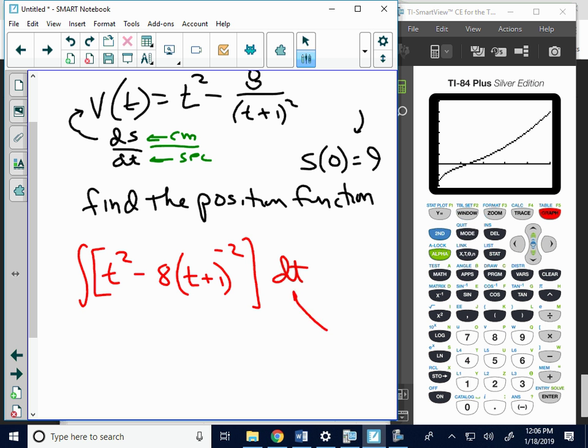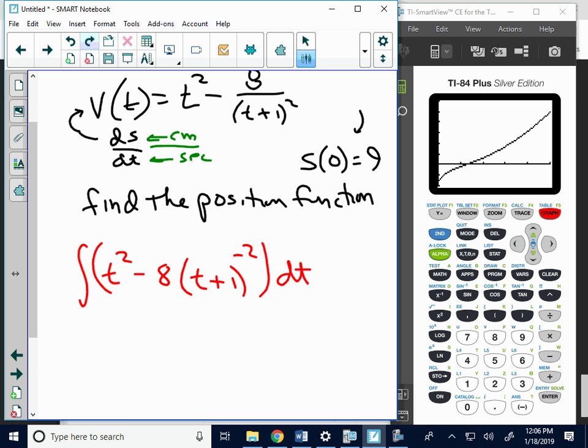A lot of times students will write the 8(t plus 1)^-2 and then just write dt, and technically that's wrong, because this little piece of time is not multiplied just by that. It's multiplied by both of these. This is the centimeters per second times seconds, right? So if there's more than one term, you have to have parentheses. If there's only one term, you don't have to worry about it, but there are two terms here.